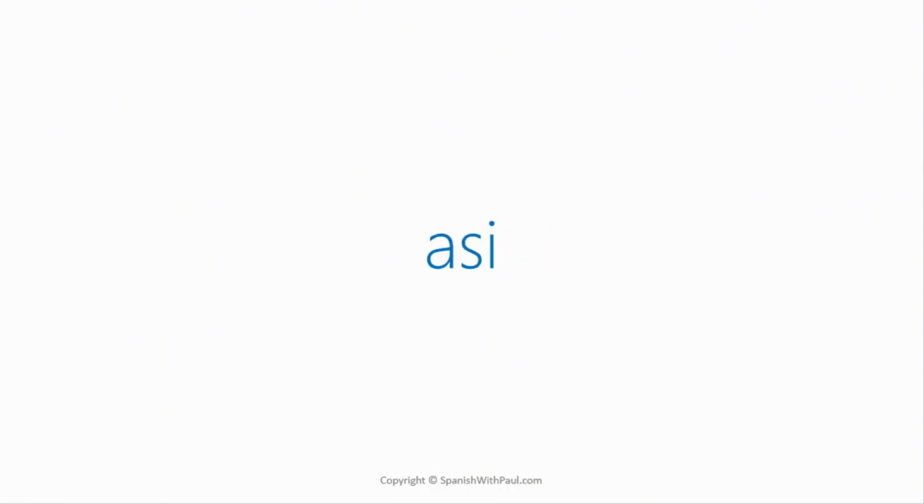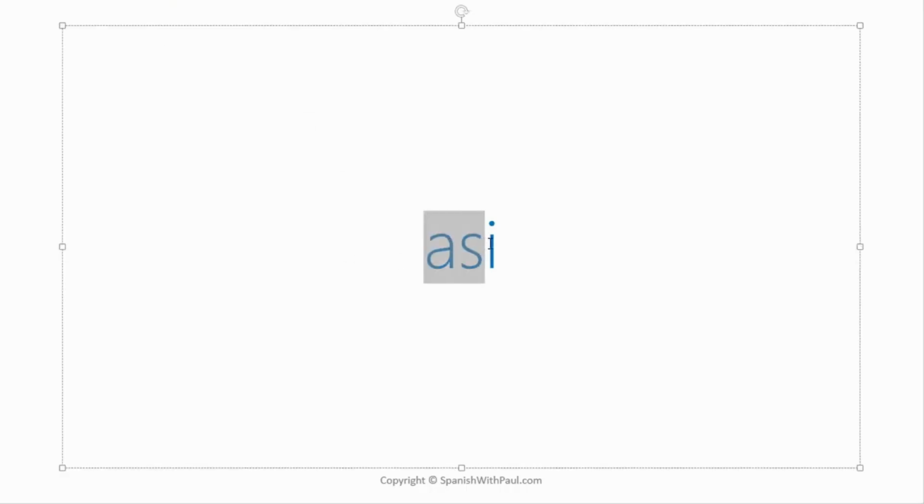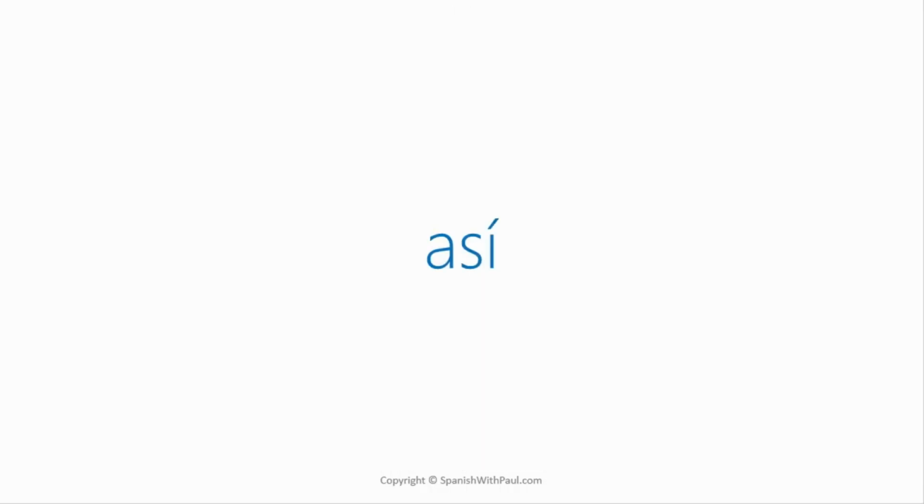Here's a little word that we've been using since the very beginning of the course for like this, like that, this way, that way. Now here, it's written without the accent. So, obeying the default rule, I would pronounce this as asi, because I only have 2 syllables to work with, and I'm stressing the one before last. But actually, the correct pronunciation is así.